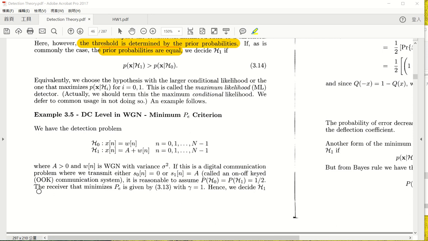Okay, then the receiver that minimizes PE is given by gamma equal to 1.